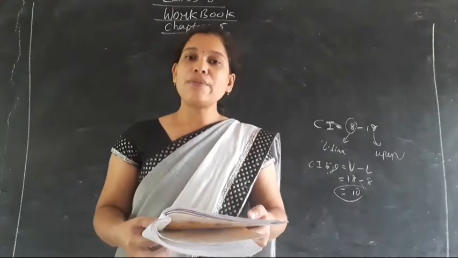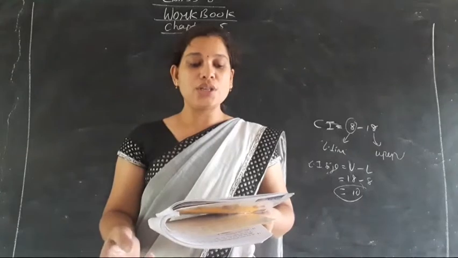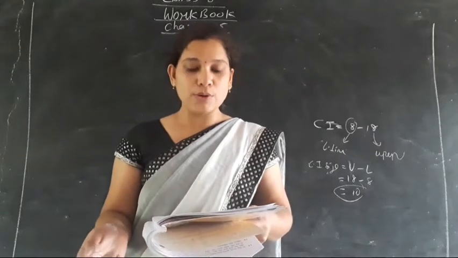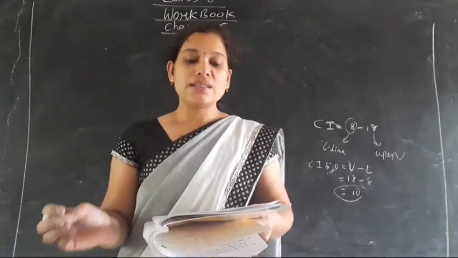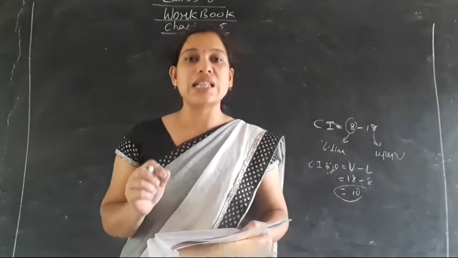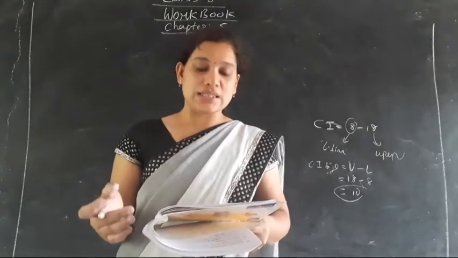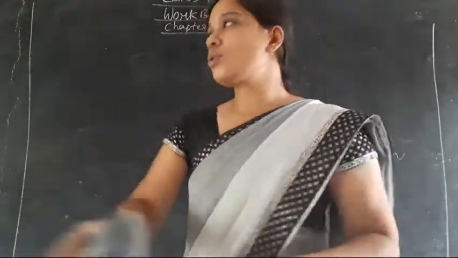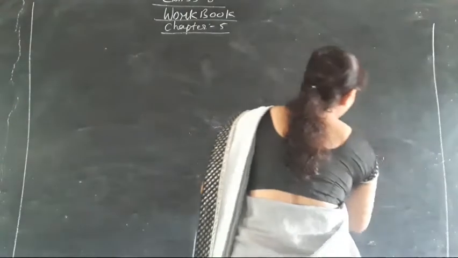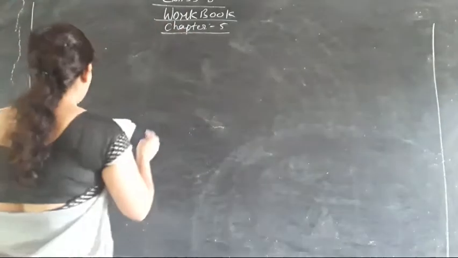So with the help of this class interval which is given in question number 11 from your workbook, that is class interval 8 to 18, we are going to form the next 6 classes. Also in this question it is said to prepare a frequency table. Now look how to prepare a table.